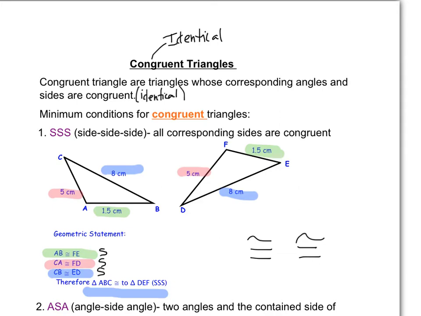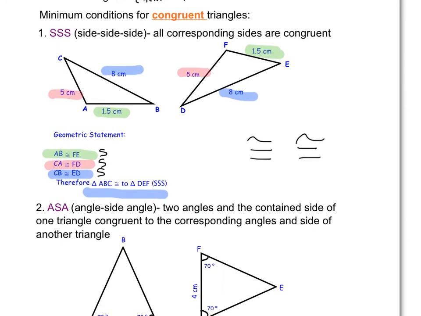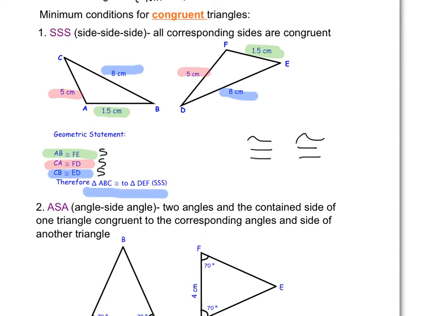Now we'll go on to the second minimum condition. The second minimum condition is angle side angle, or ASA for short. And here we're talking about two angles and a contained side of one triangle that are congruent to the corresponding angles and sides of another triangle.